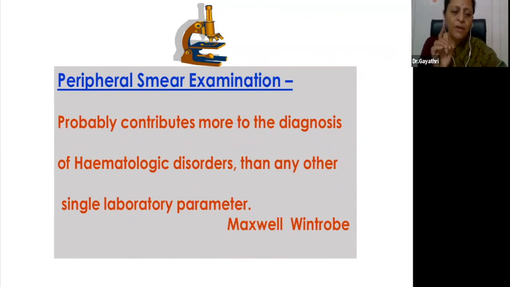So, when you're good at peripheral smear examination, you will automatically become good at marrow evaluation, both morphology and ancillary stain investigations. You will know their importance. So start with good peripheral smear examination and it will take you very far.